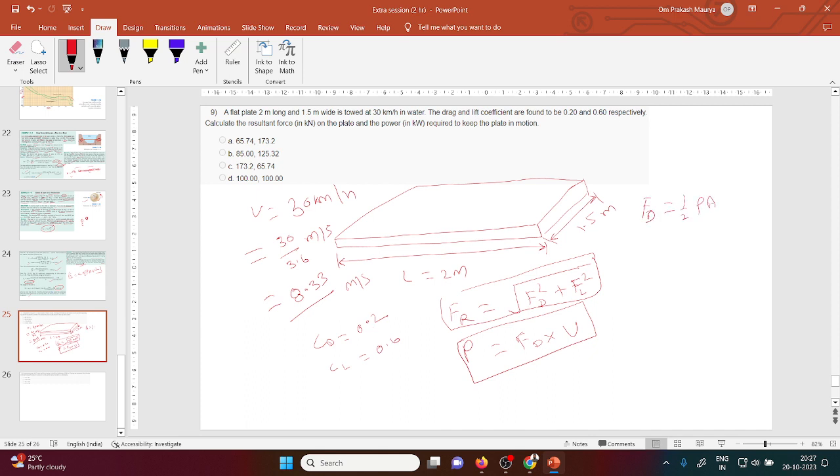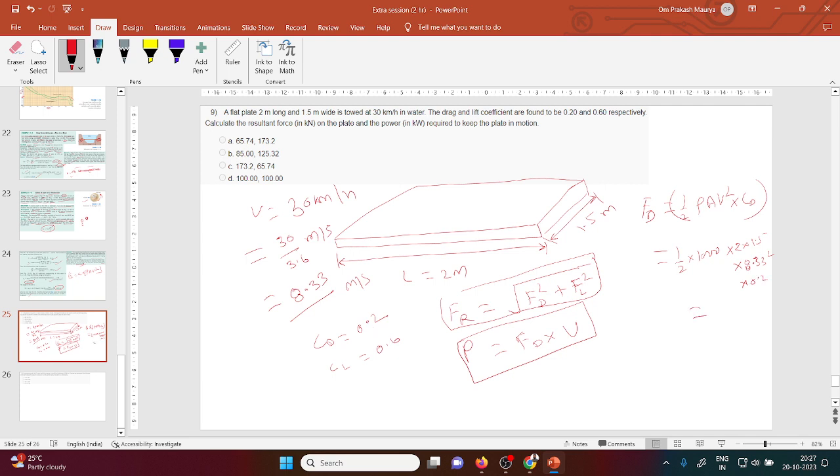Half rho A V square CD. So half into 1000. Area is 2 into 1.5. V square is 8.33 square, into CD 0.2.